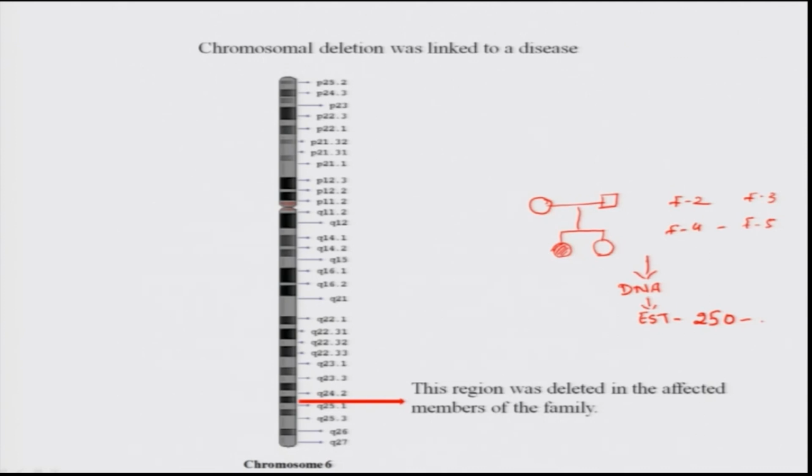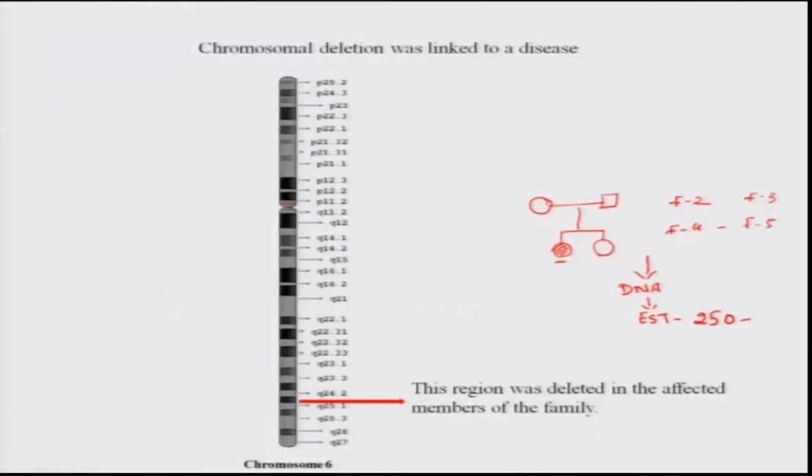By that I mean which one is always present in the individuals who are affected. For example, in this female and the affected person of the other family, whether that EST marker is present or not. From that they narrow down to the region of the chromosome, and in this disease the case was chromosome 6 and this region.